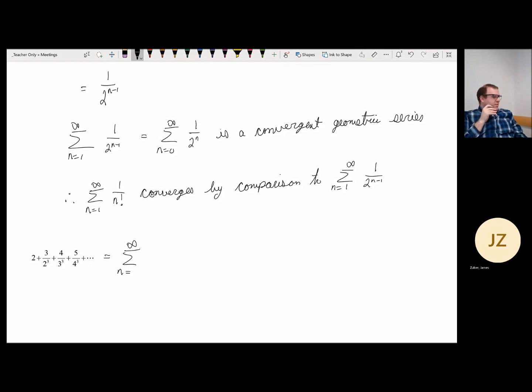Write this in sigma notation. Past one, n plus one over n cubed.